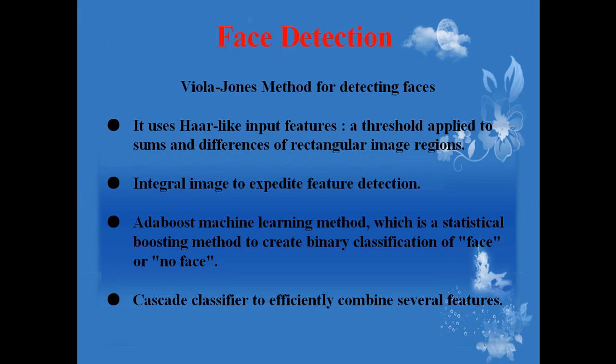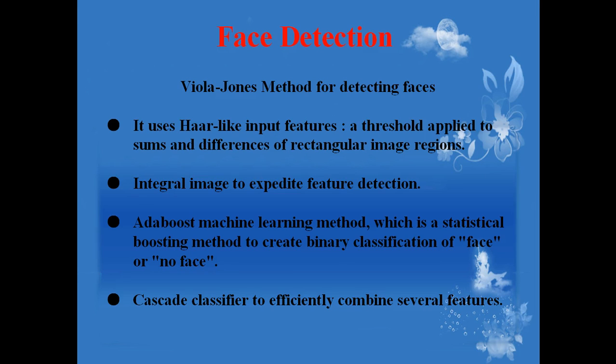The Viola-Jones algorithm makes use of a modified version of adaptive boosting, termed AdaBoost. This is a machine learning algorithm that employs weighted combinations of weak classifiers to build a strong classifier.